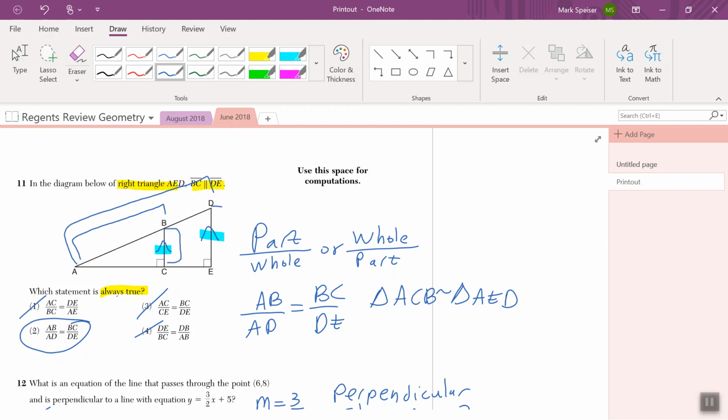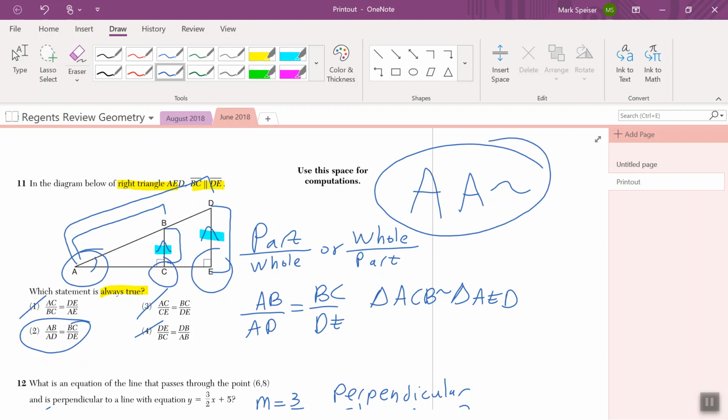BC to DE, those are just parallel sides. They go together, which is choice 2, because triangle ACB is similar to triangle AED, because they both share angle A, and they both have a pair of right angles, which is the angle-angle similarity theorem. Okay, so the answer is choice 2.